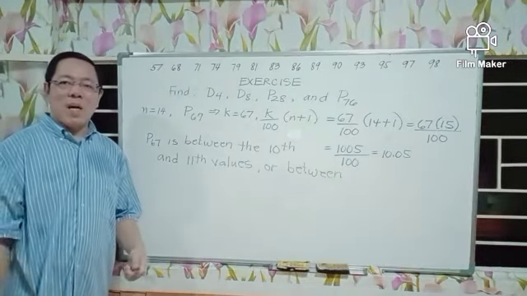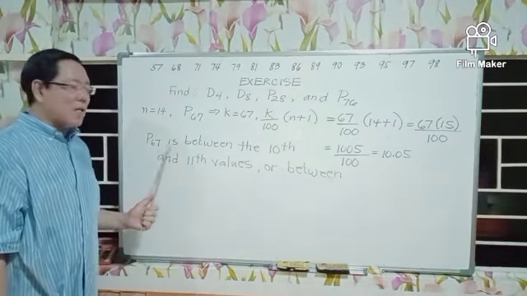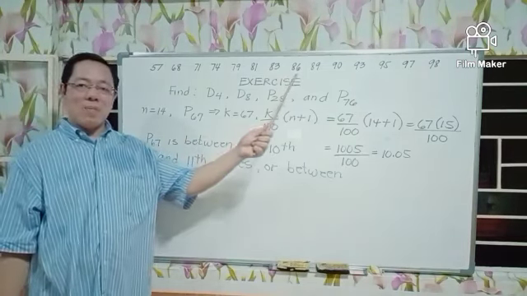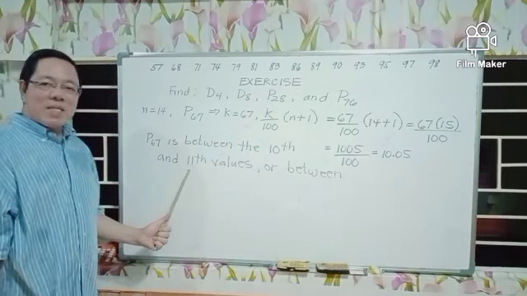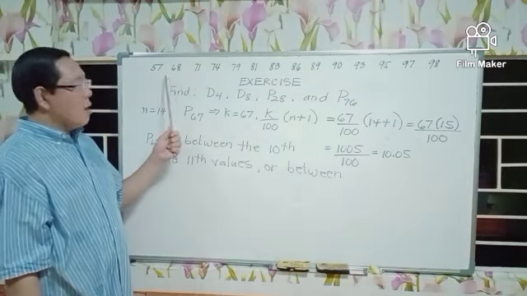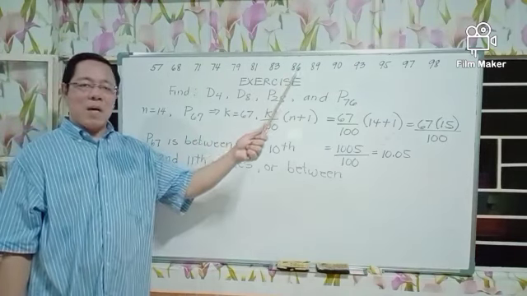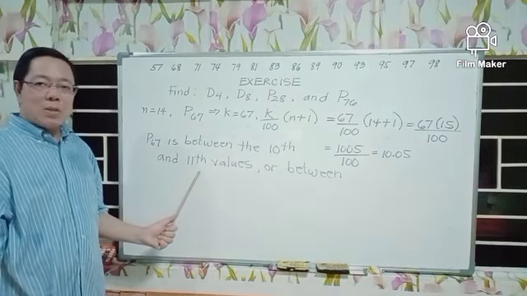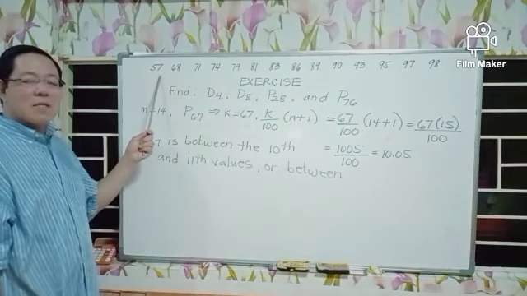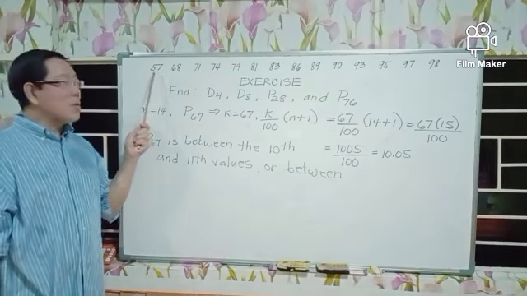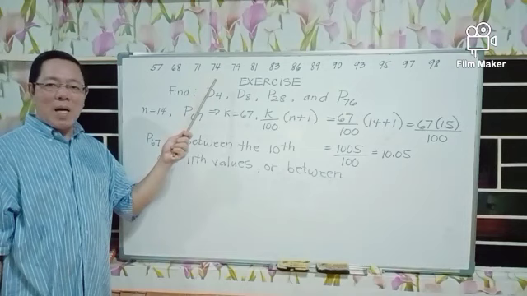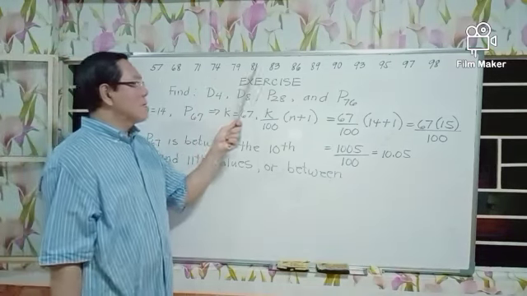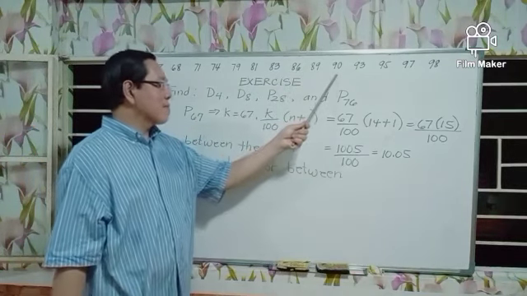We say that the value of the 67th percentile is between the 10th value in this set of numerical values and the 11th value also in this set of numerical values. And we find the 10th and 11th values by counting from the smallest numerical value in this arranged set of values. 1, 2, 3, 4, 5, 6, 7, 8, 9, 10.